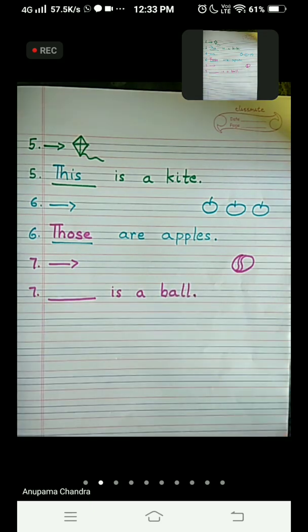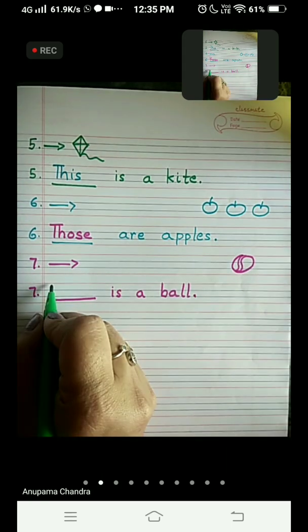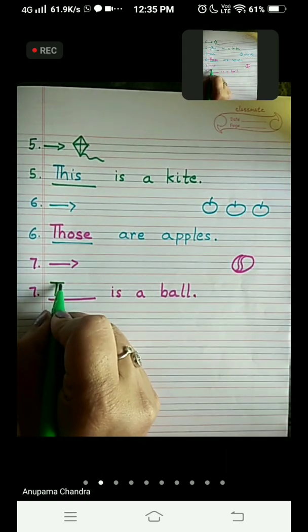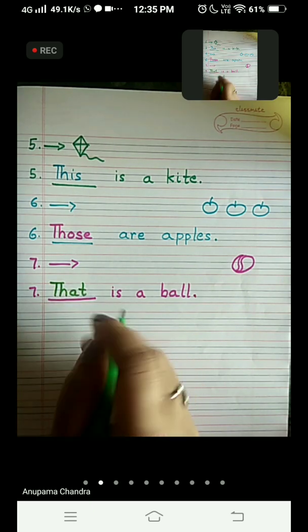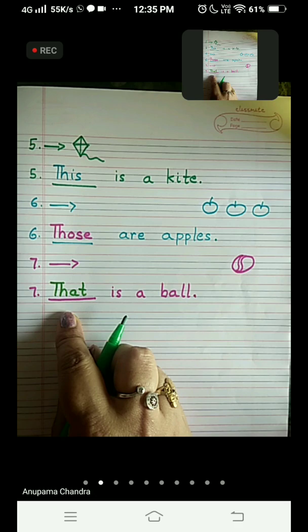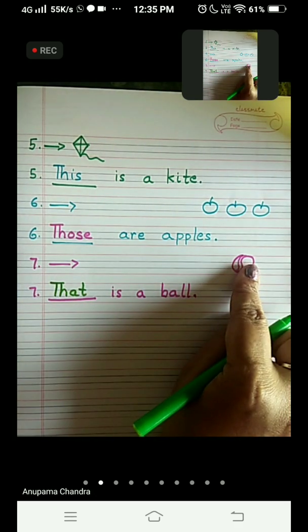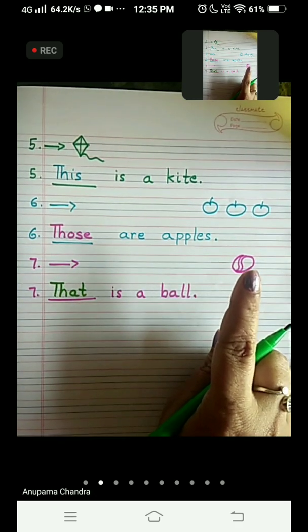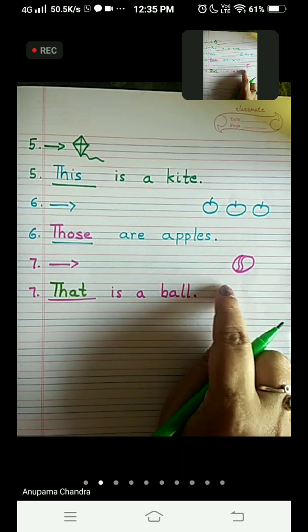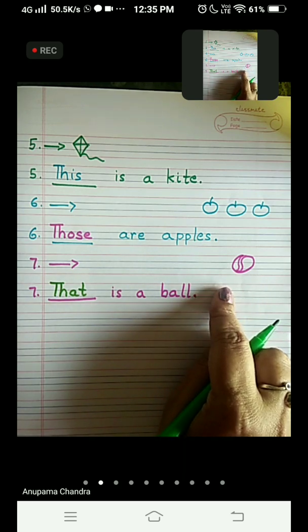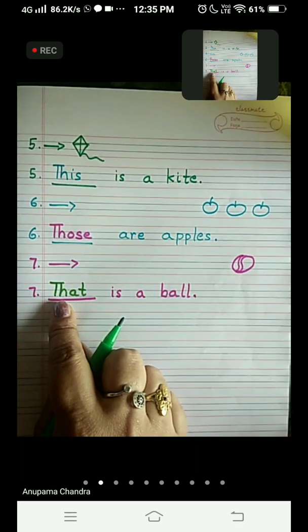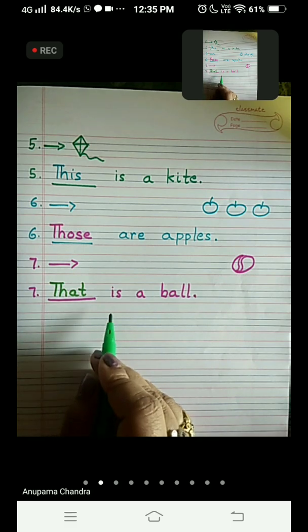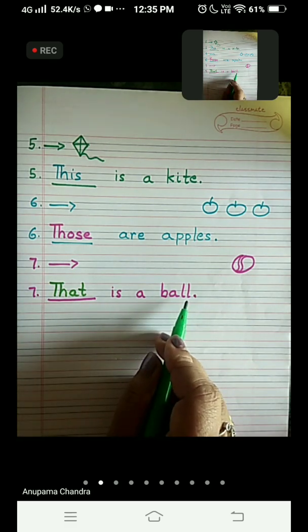B-A-L-L, ball, full stop. The answer is that. T-H-A-T, that. When do we write that? When the thing is far away from us and it is only 1 in number. As we can see, the ball is only 1 and also it is far away. So we will use the word that. That is a ball.